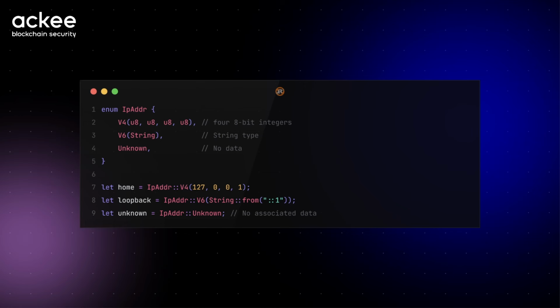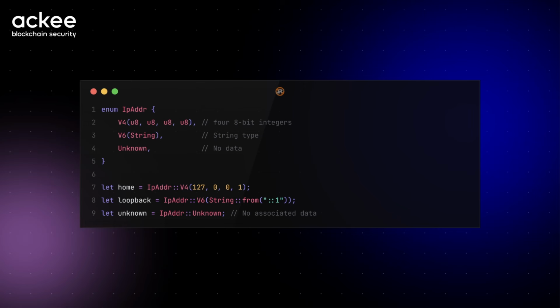As you can see in the code on the first line, we have defined an enum called IP address, or IP ADDR, and we have 3 variants that are contained in this enum.